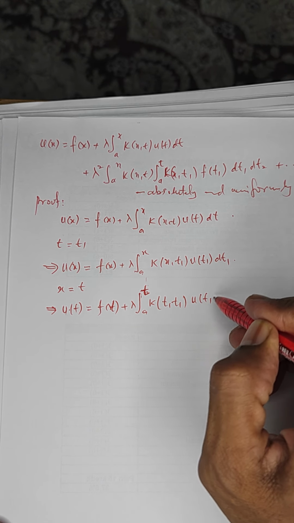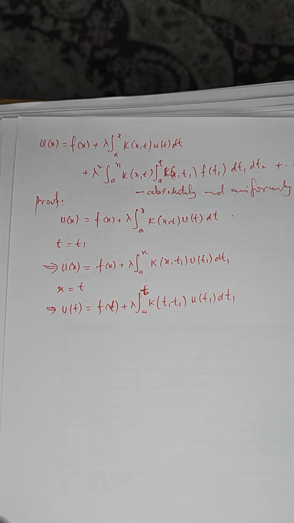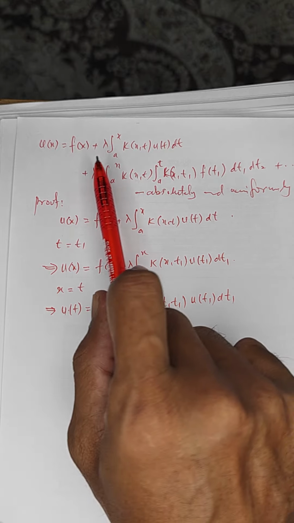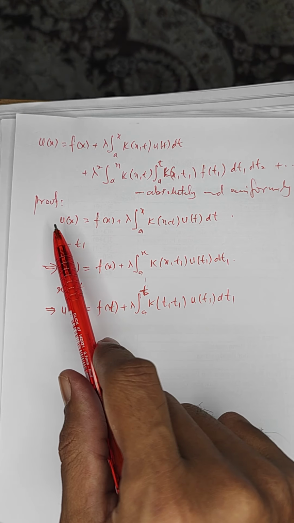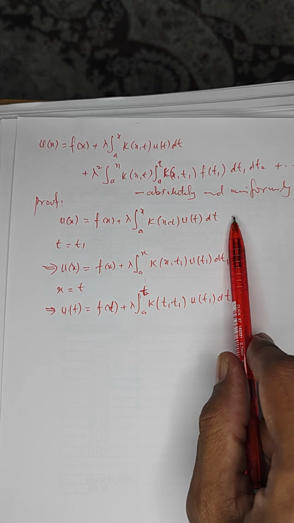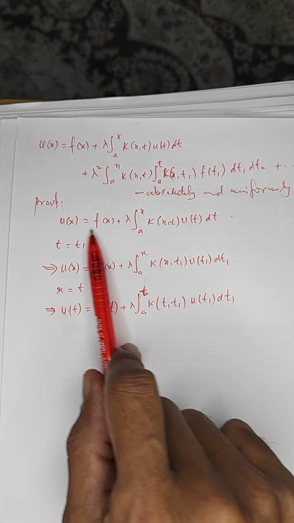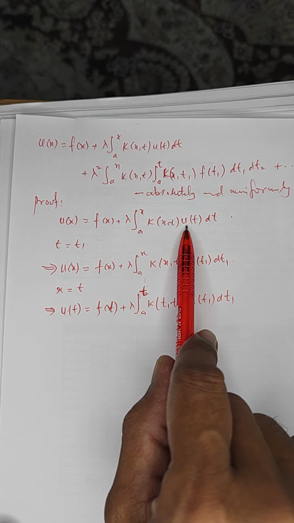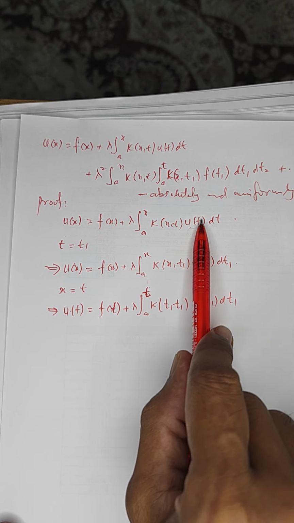u(t1) dt1. The purpose of doing that is that we are looking for the solution of the Volterra integral equation, and the solution should satisfy it. So in order to satisfy it, we need to substitute this u(t).